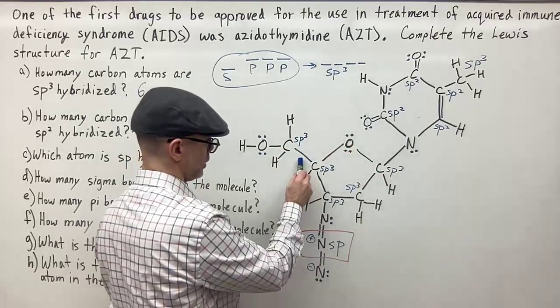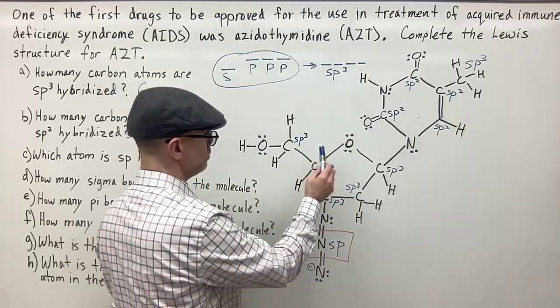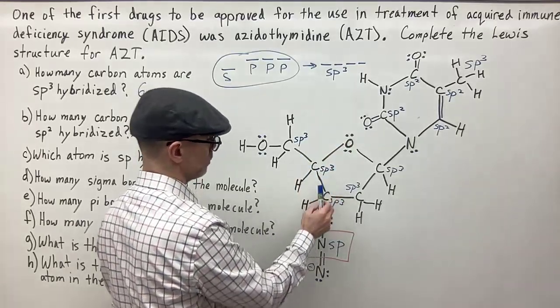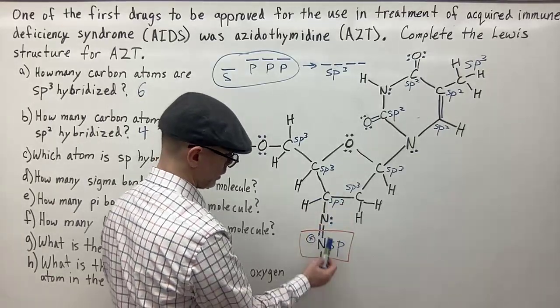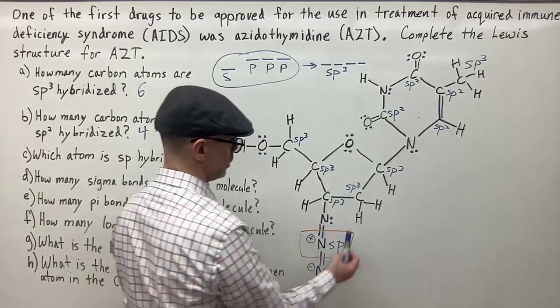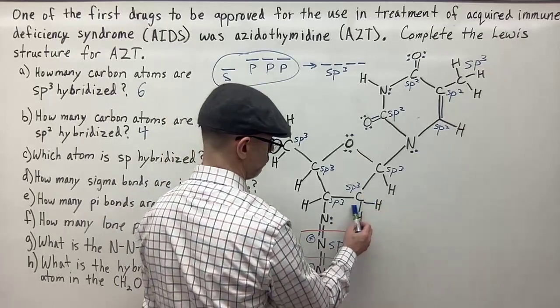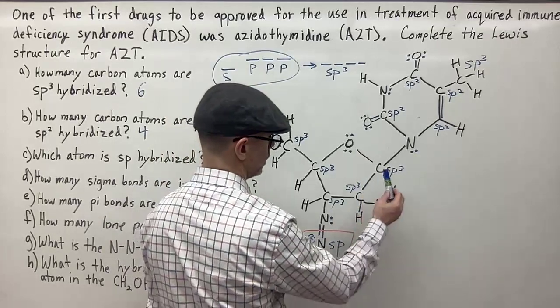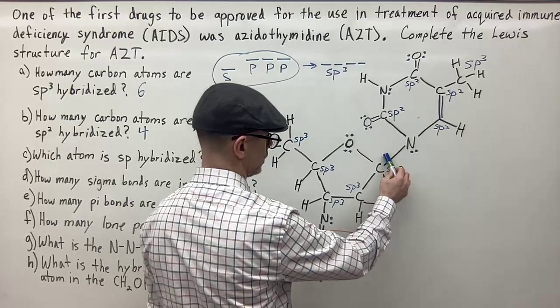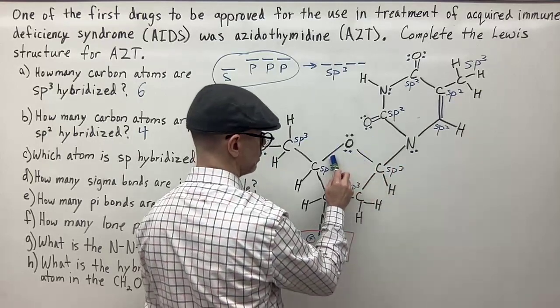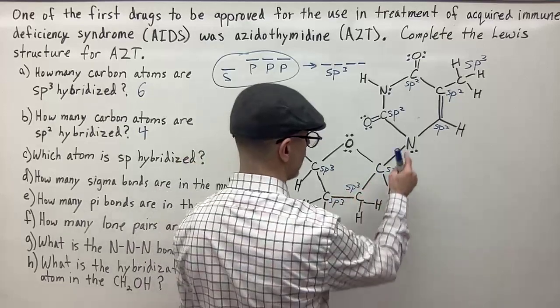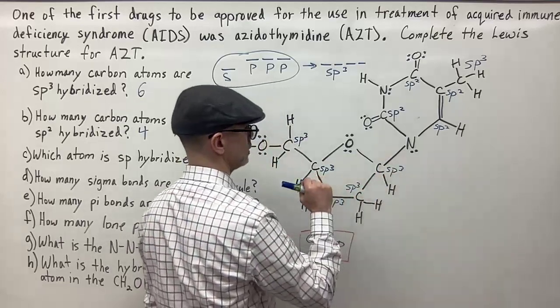So 5 is this one. 5, 6, 7, 8, 9, 10, 11, 12, 13, 14, 15, 16, 17, 18, 19. Okay. I counted this one already, so I have 19.